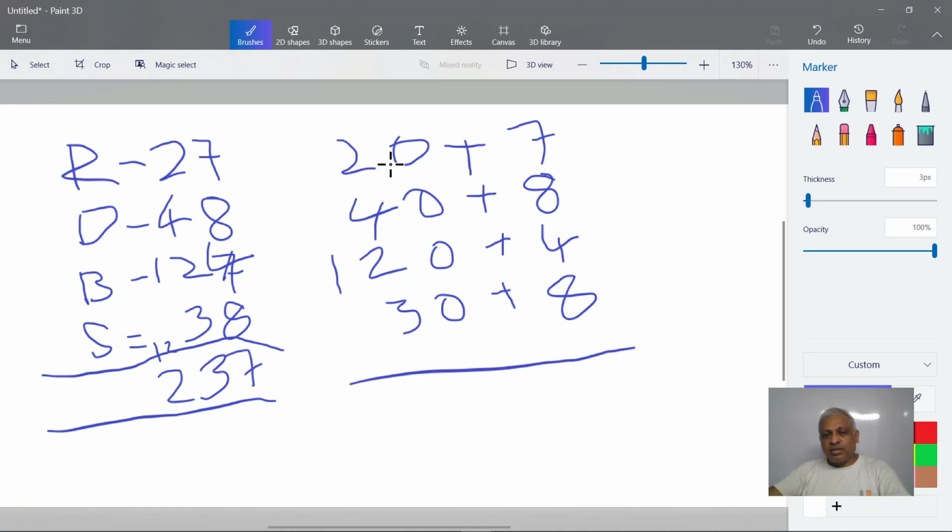Add these tens separately, ones separately, and add both of them together. You will get the same answer, right? So the total is 237 in number, and earlier they forgot to count correctly. So now we help them that they are not 240, but they are 237.